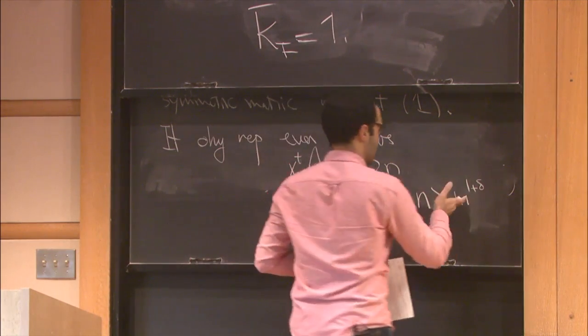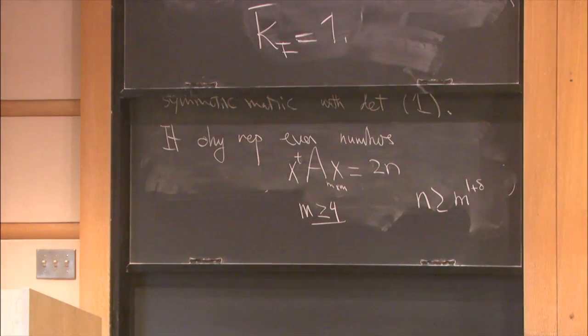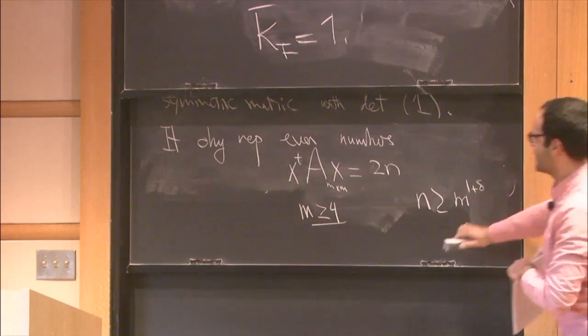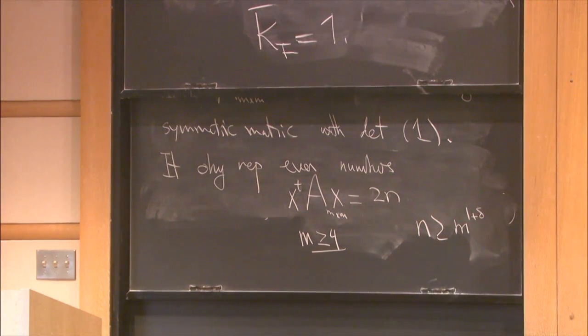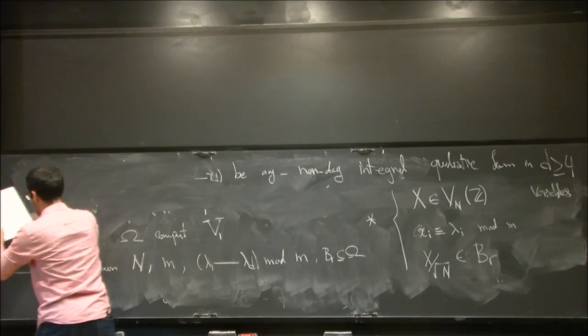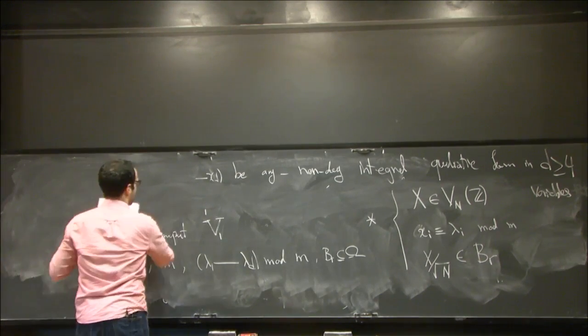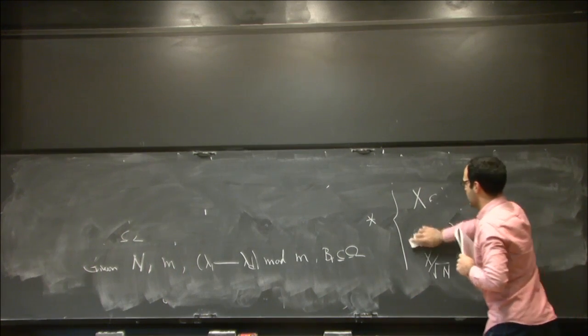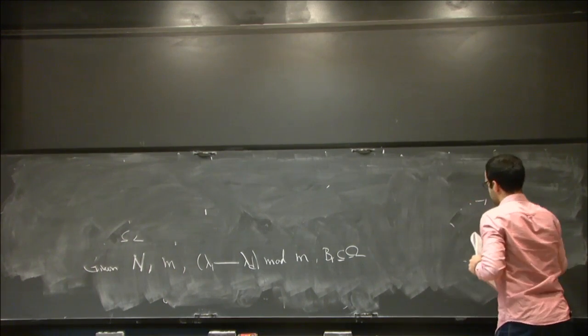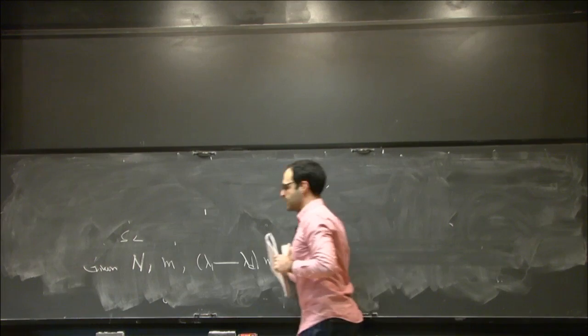If n is bigger than a power of m, then you can represent. So what we are interested in is in higher dimension, which numbers are representable. And the theorem that I'm going to mention shows a sharp transition range between the numbers which are representable and the ones which are not.